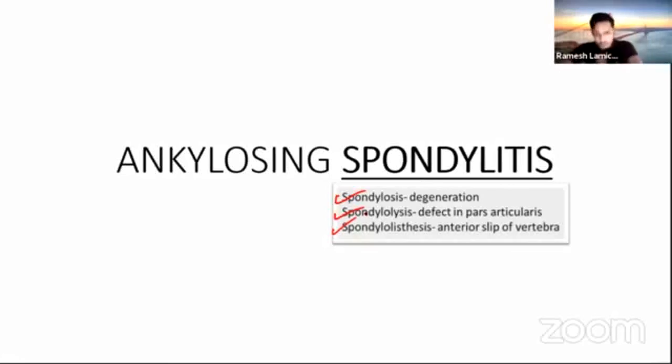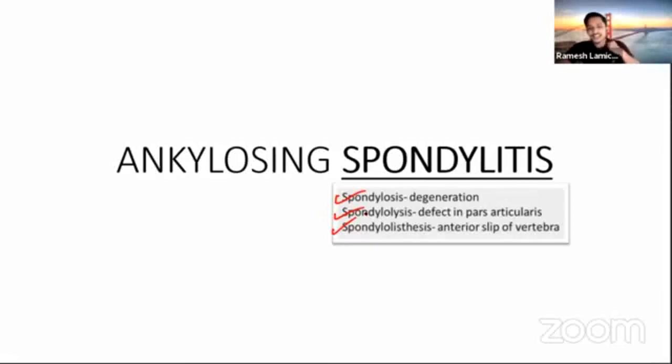So spondylosis means, like we commonly use the term cervical spondylosis, it means there is a degeneration of the cervical spine. So spondylosis হচ্ছে degeneration of the cervical spine. আরেকটা আছে spondylolysis. So lysis, there is a defect in the pars articularis between the two vertebrae. So that is spondylolysis.